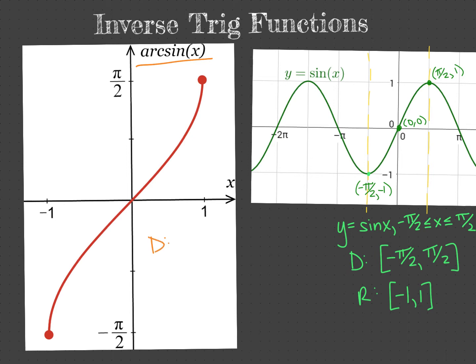We can see that our domain here, from left to right, spans from negative 1 to positive 1, which was the range of our original function. And the range should be what our original domain was, and it does look like our y values go from negative pi over 2 to positive pi over 2.